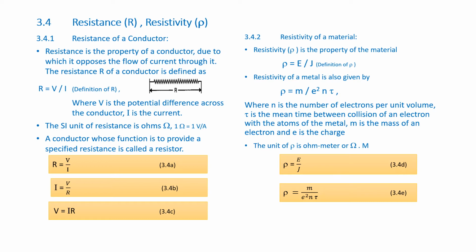So repeating what we have studied in this section: 3 formulae for resistance and 2 formulae for resistivity. Resistivity is the property of the material, whereas resistance is the property of a conductor which opposes the flow of current. Resistance is in terms of current and voltage. Resistivity is in terms of the physical constants.